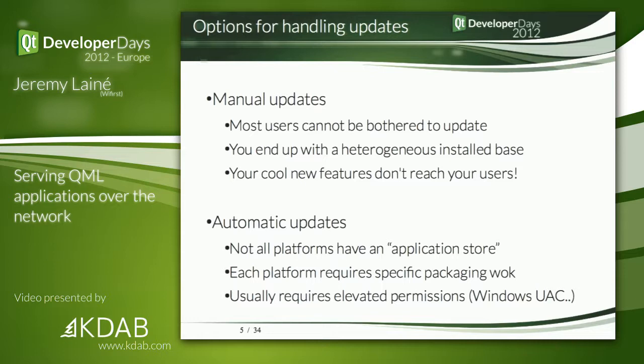For instance, in Windows, there's the dreaded User Access Control dialog, which will come up and say, are you sure you want to install this? You need extra privileges to install this application. To address this, either your application runs with elevated permissions, which is probably not something you want to do, or you have to come up with another mechanism, whereby you have an ancillary application running as a service in the background, which will handle the permission elevation and be allowed to do the automatic installation.